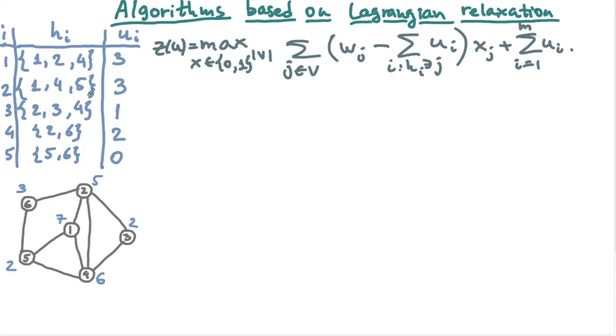Recall that our set packing problem in the original hypergraph is equivalent to the maximum weight independent set problem in this intersection graph. Anyway, we have 5 hyperedges, and we'll consider the vector u given by the following values: 3, 3, 1, 2, 0 are the values of the dual variable ui corresponding to each hyperedge here.